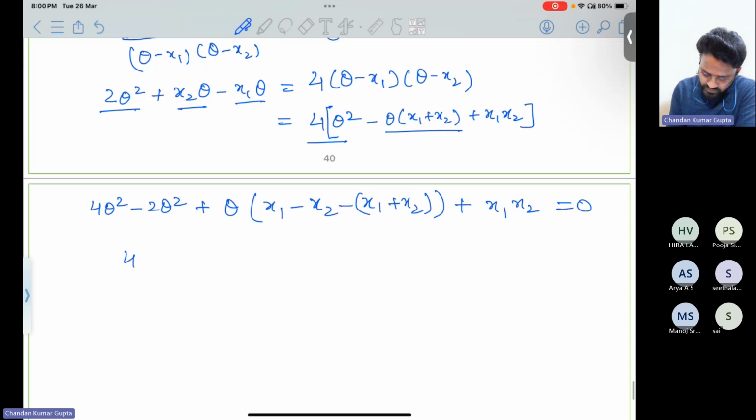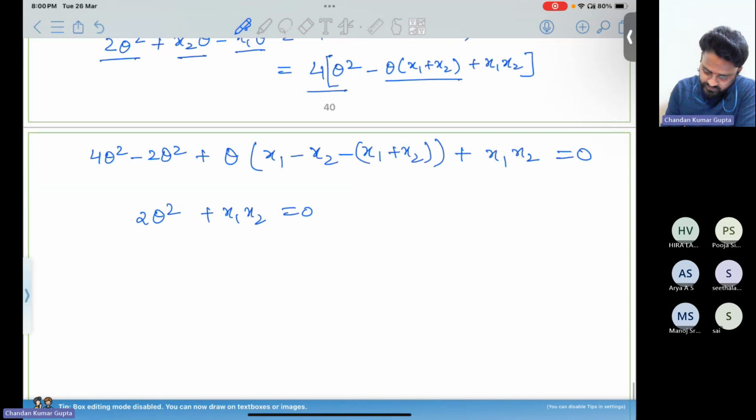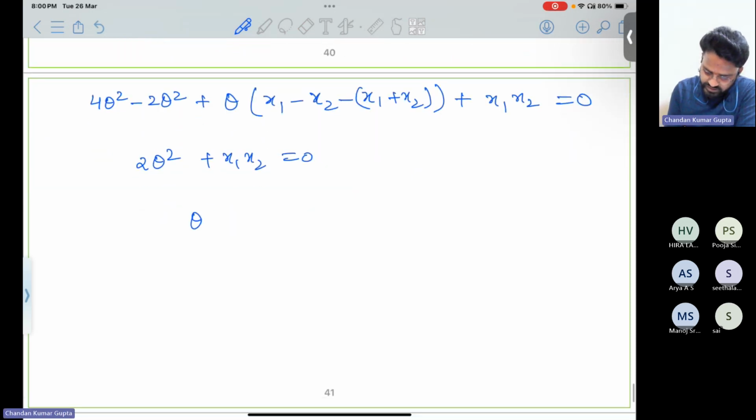This implies 2 theta square plus x1 x2 equal to 0, and theta square equal to minus x1 x2 upon 2.